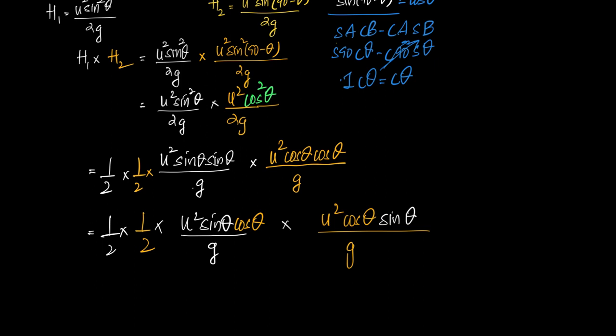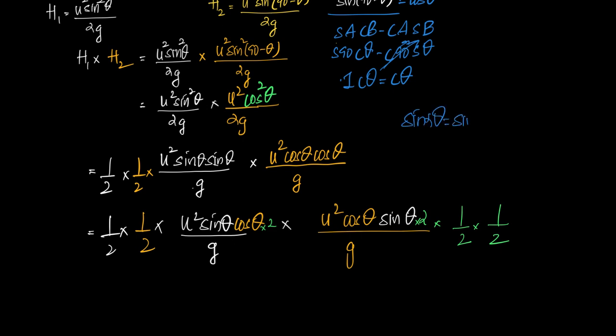And we'll do one more addition, which is multiplying 2 on the numerator as well as the denominator, and multiplying another 2 on the numerator as well as the denominator.